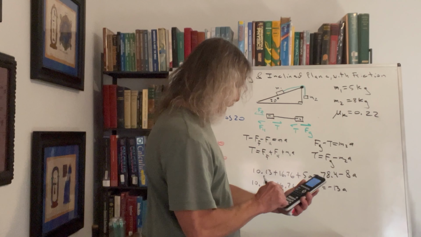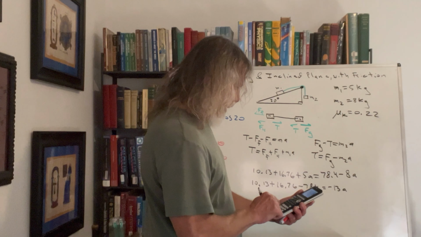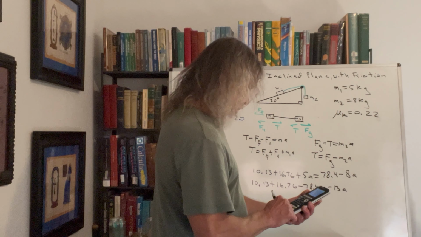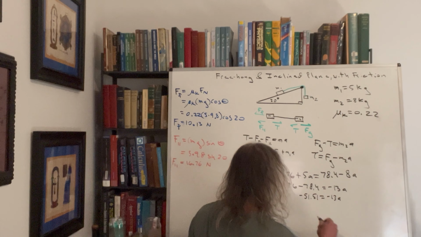So 10.13 plus 16.76 minus 78.4. Enter. Divided by negative 13. And again, 3.96.